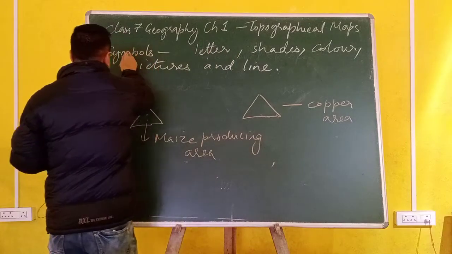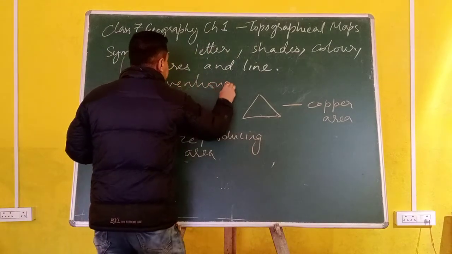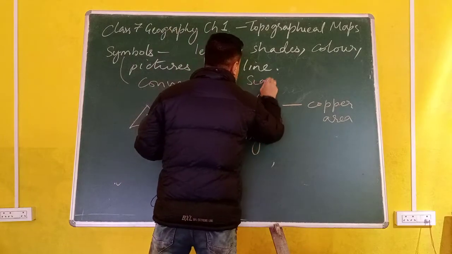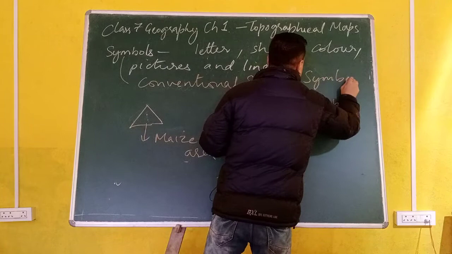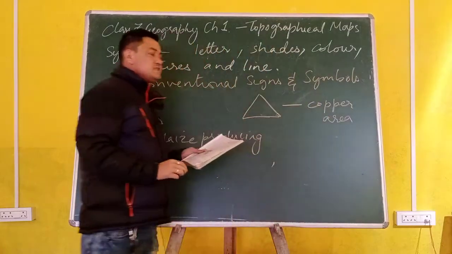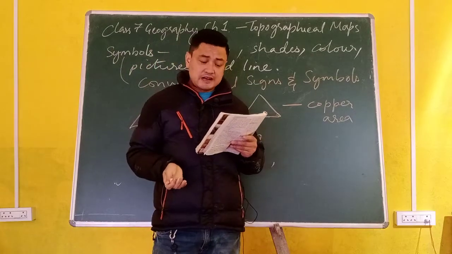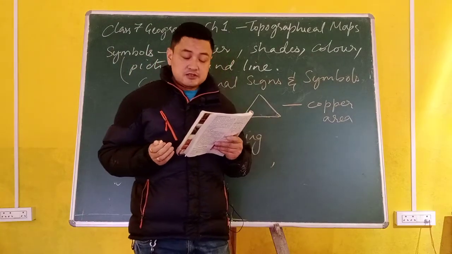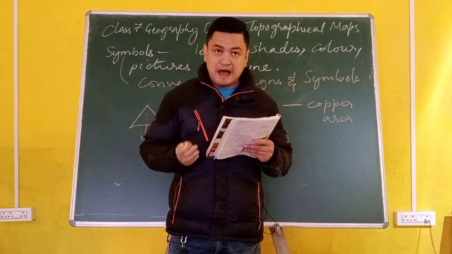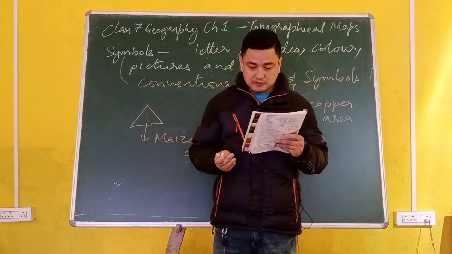So what are these symbols called? They are called conventional signs and symbols. So the map has a universal language called conventional signs and symbols that can be understood by all map readers and map makers also.